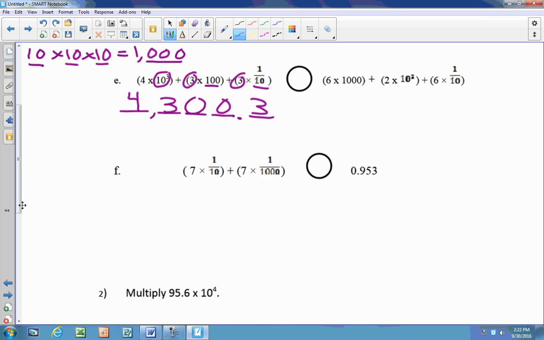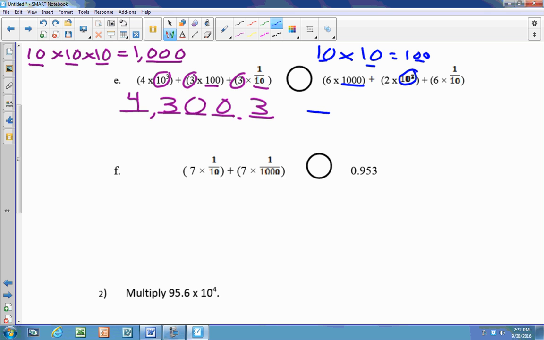So when I look over here on the other side, this time I have a 10 to the second power, which is just like saying 10 times 10, and that would be 100. So there's 2 zeros because there's 2 tens and there's the power of 2. So we're going from the thousands place over there all the way to the tenths place.